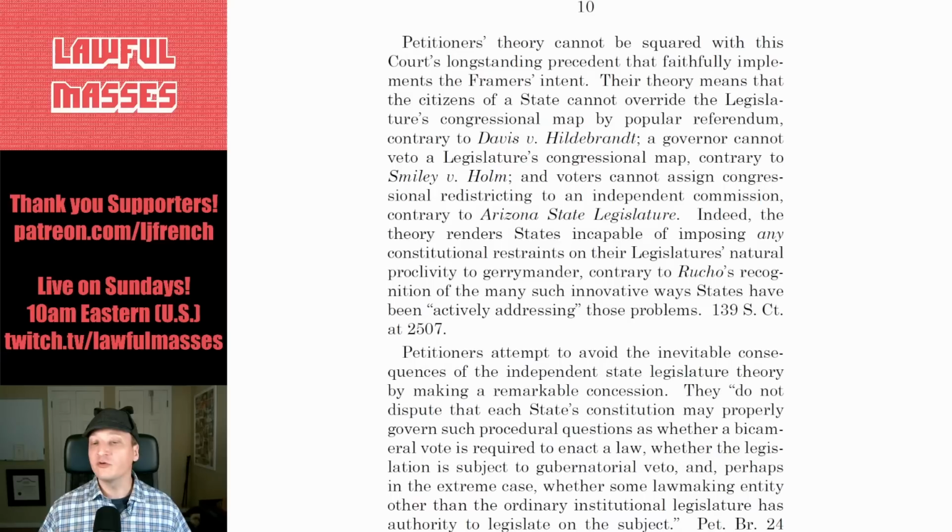Holm, and voters cannot assign congressional redistricting to an independent commission, contrary to Arizona State Legislature. Indeed, the theory renders states incapable of imposing any constitutional restrictions on their legislature's natural proclivity to gerrymander, contrary to Rucho's recognition of many such innovative ways states have been addressing those problems.